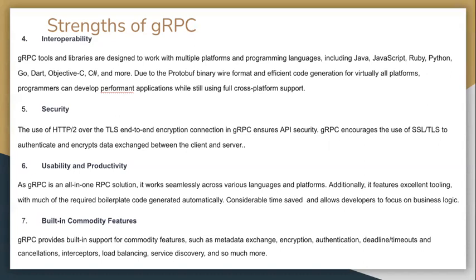Even if they get it, it will be fully encrypted, so they won't be able to make out the necessary information. gRPC also encourages you to use SSL and TLS to authenticate and encrypt the data exchange between the client and server. So it is inherently secure, and you can combine it with SSL TLS as well.